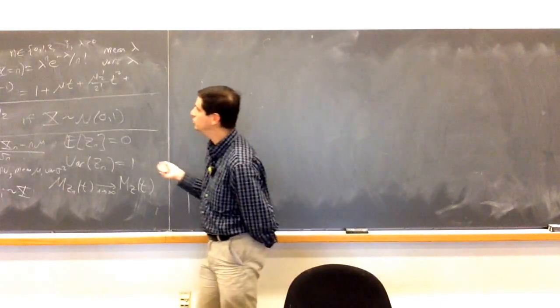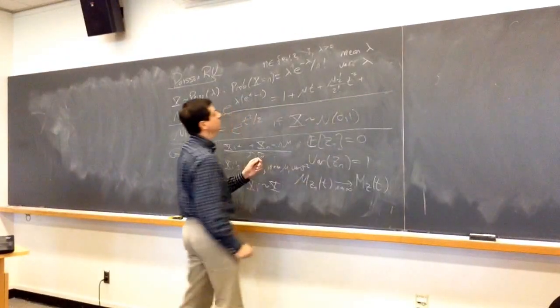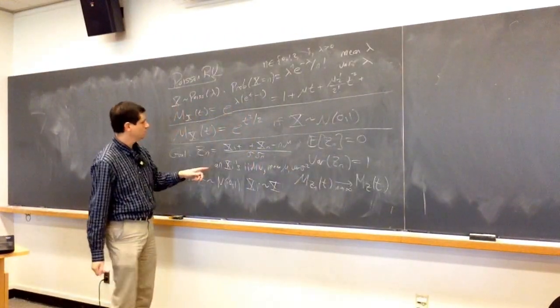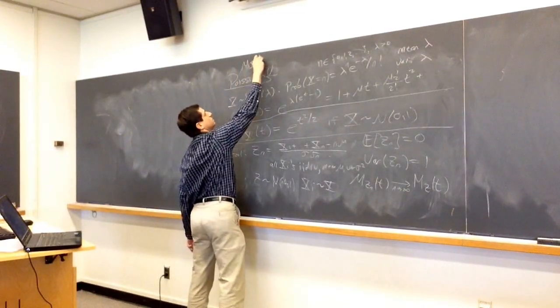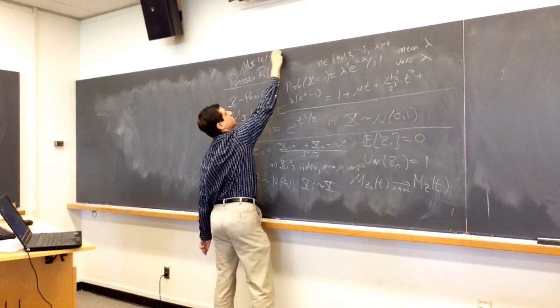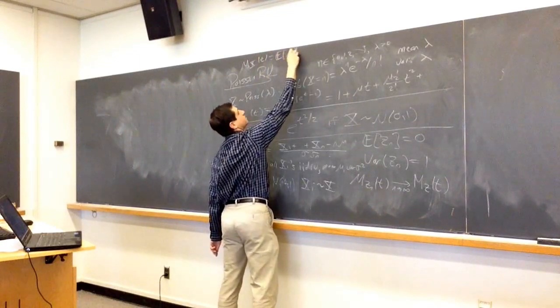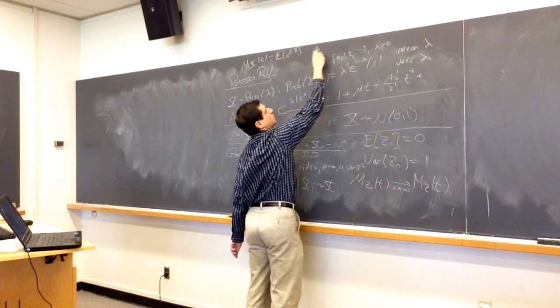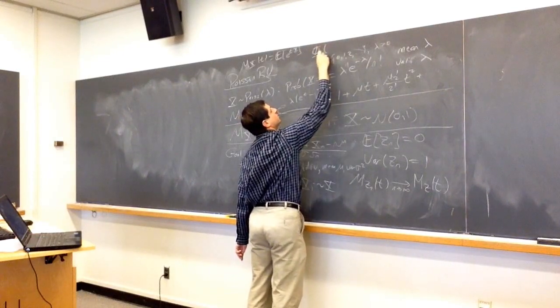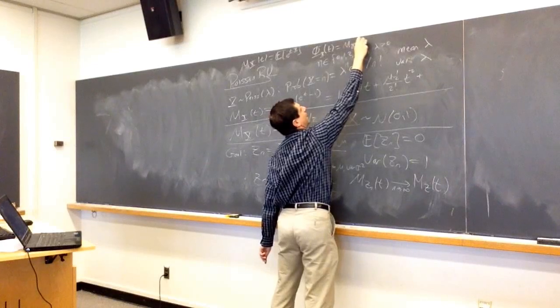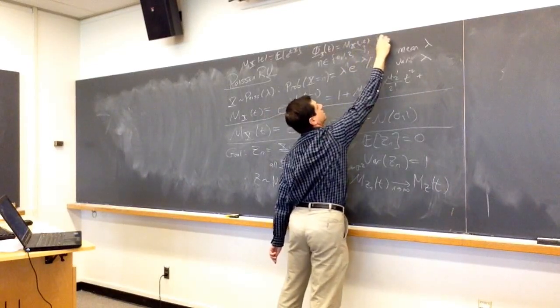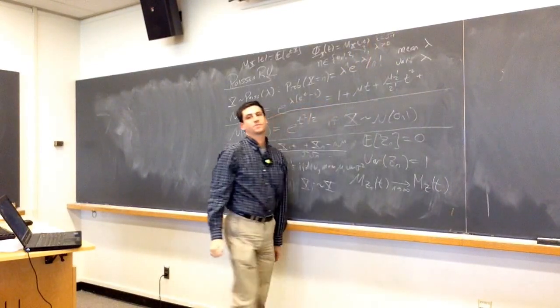And so all you do is you change the moment generating function by replacing, oh, we haven't written it here. So the moment generating function of x of t is the expected value of e to the tx. We look at the characteristic function of x of t. It's the moment generating function at i times t, where i is the square root of -1.